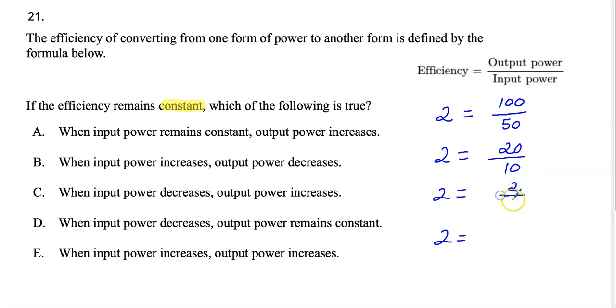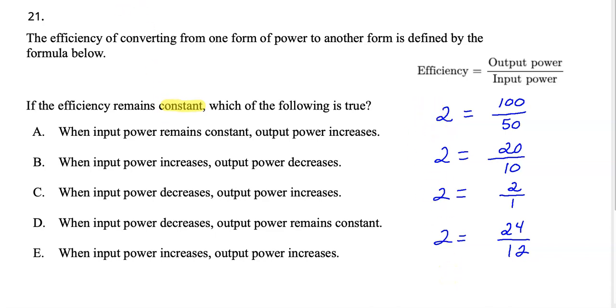Let's use that one. This ratio gives us 2 as well. 2 divided by 1 is 2. So if the output power is 2 and the input power on the bottom is 1, this ratio gives us 2. Let's come up with one more. How about 24 divided by 12? That works as well. So we have a whole bunch of ratios that give us a constant efficiency.